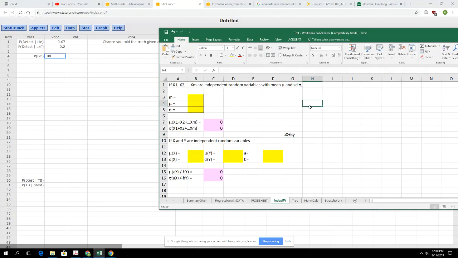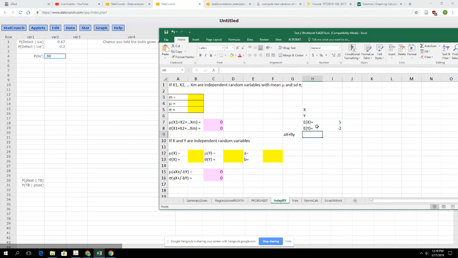So let's do a couple things here. Let's say we have a random variable x and a random variable y, and the expected value for x, let's say that's 5. Why not? And the expected value for y, let's just say that's -2 to keep it interesting, right?